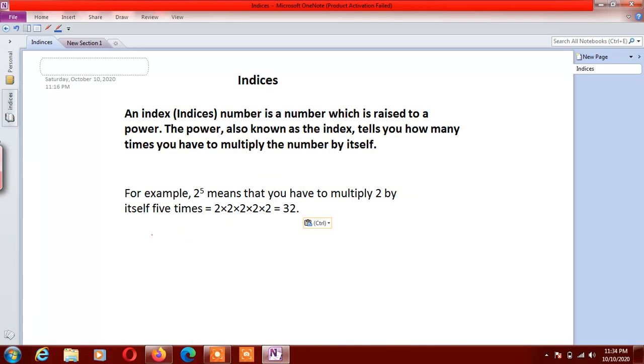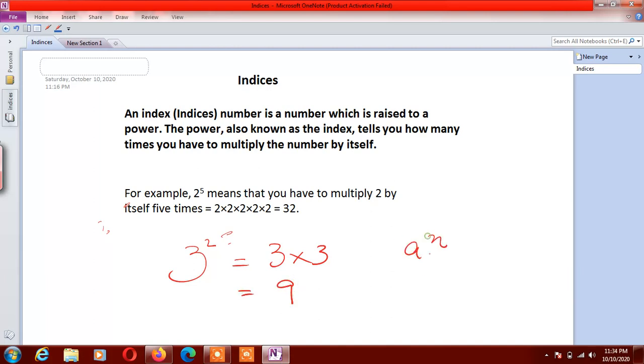We can also say that any number which is raised to a power has to be multiplied that number of times. Another example: 3 squared is 3 multiply 3, which gives you the answer 9.